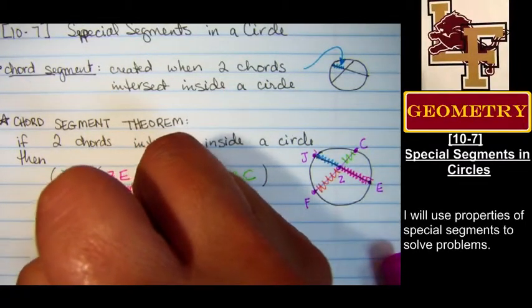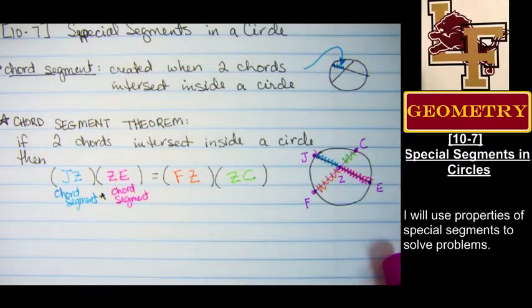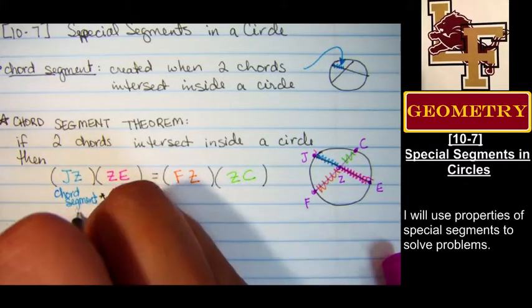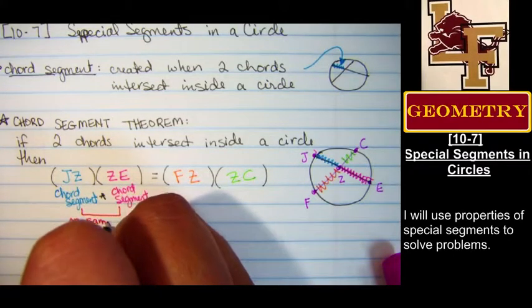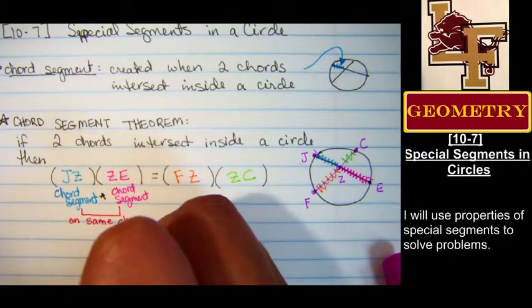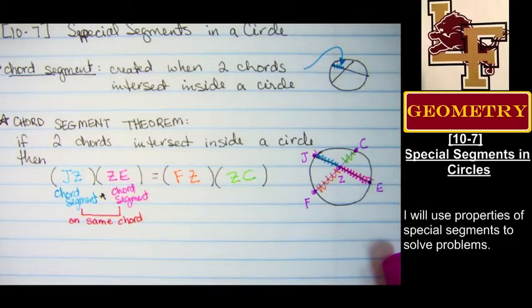I'm just labeling here for you, just making that really clear that we're doing chord segments times chord segments, and that those chord segments have to be on the same chord, the same line across the circle.